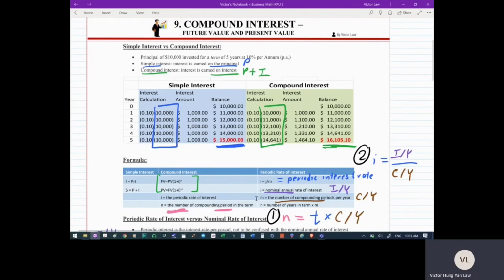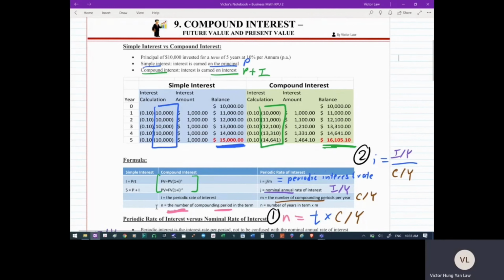And then M stands for the number of compounding periods per year, and on the financial calculator, that's your C/Y, compounding per year. So your periodic interest rate is equal to I/Y, your nominal interest rate, divided by C/Y, compounding per year.